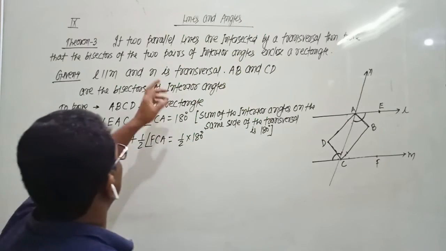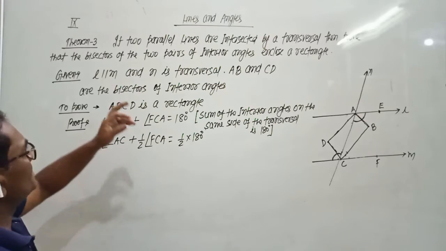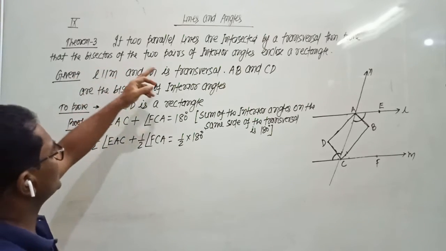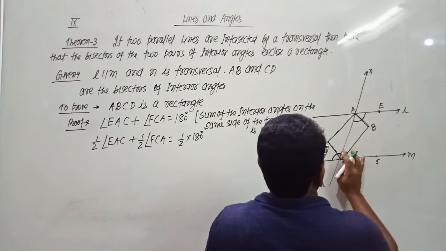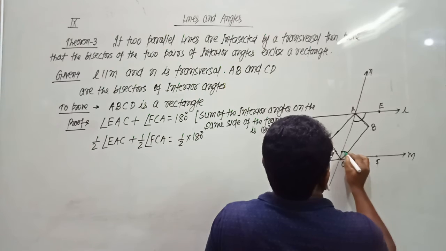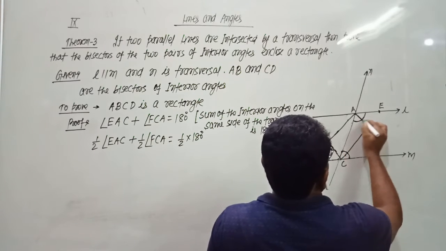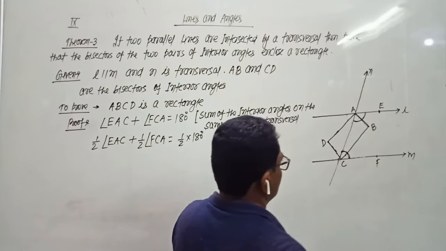We have been given that two parallel lines are intersected by a transversal, and the bisectors of the two pairs of interior angles. This angle and this angle are called the pair of interior angles.